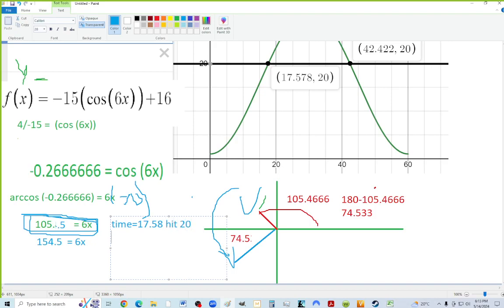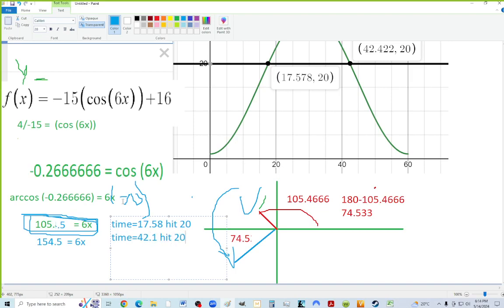And then can you solve this one for me? 42.41. So time is equal to 42.41. I hit a height of 20.